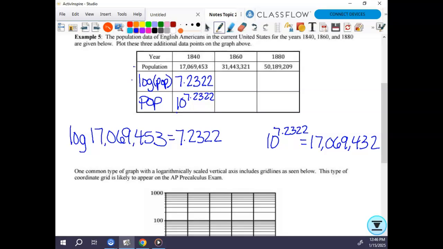All right, so then if I took the log of the 31 million, I would get 7.4975, which means when I put it in exponential form, that would be 10 to the 7.4975 power.